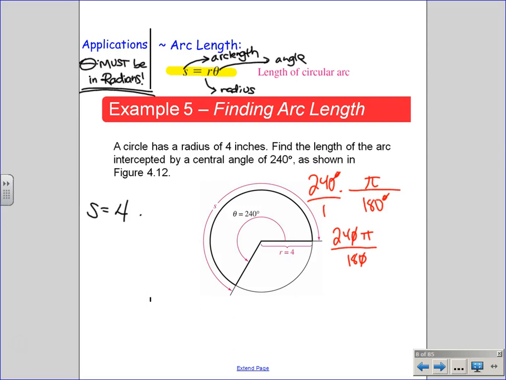And 4 doesn't go into 18. 6 goes into 24 4 times. 6 goes into 18 3 times. Oh, interesting. 24 is 4 60s and 180 is 3 60s. Radians, degrees. Anyway, that's my radian measure, so that's the theta that I have to use in plugging in over here.